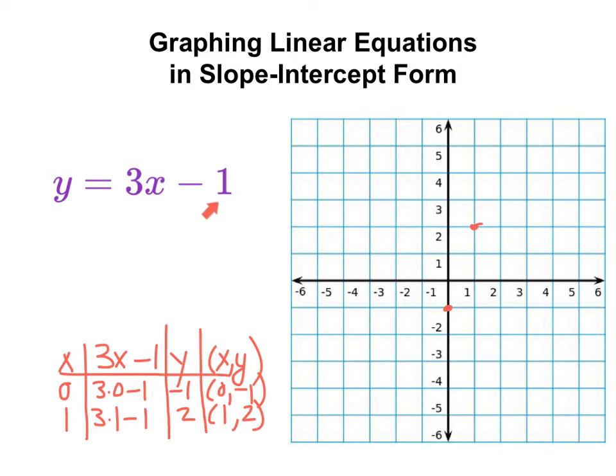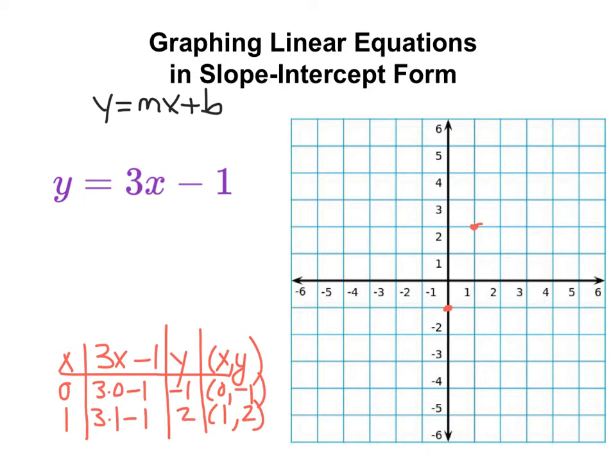In the last video we talked about slope-intercept form, which is y = mx + b, where m is the slope and b is the y-intercept, and it needs to be addition. So I'm going to identify my parts here and then use those parts to go over to the graph.